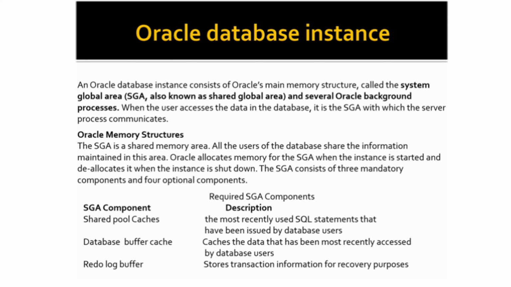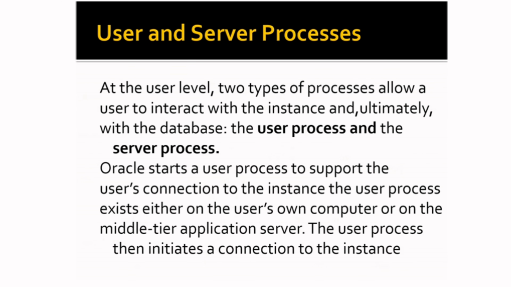User and server process. At the user level, two types of processes allow a user to interact with the instance and ultimately with the database: the user process and the server process.